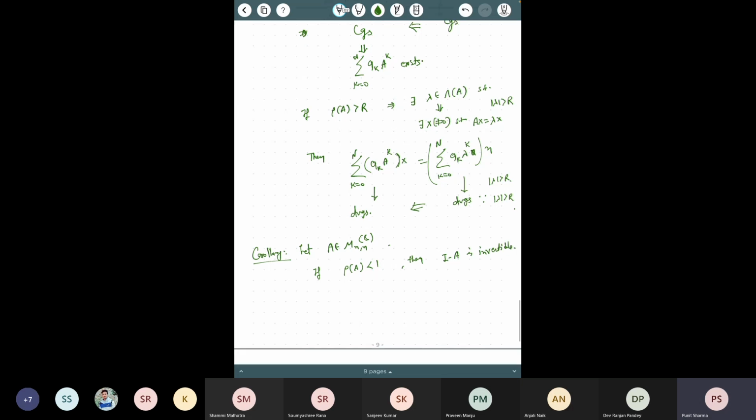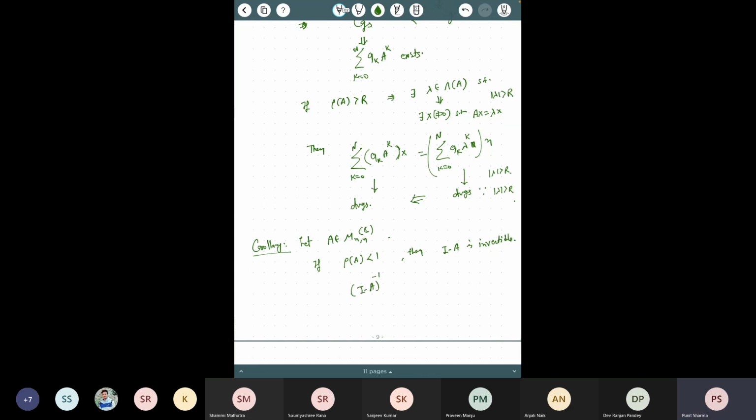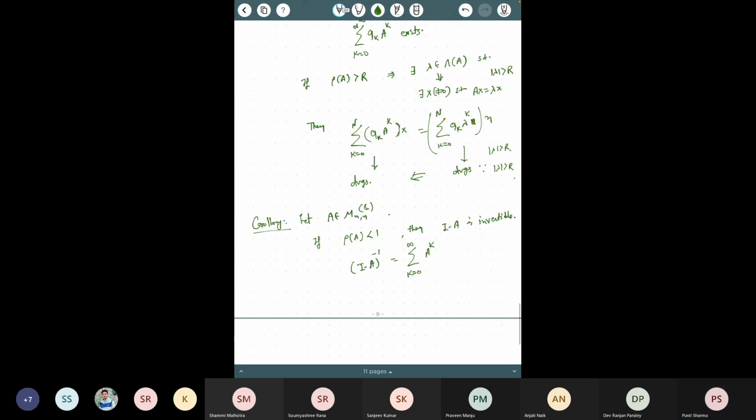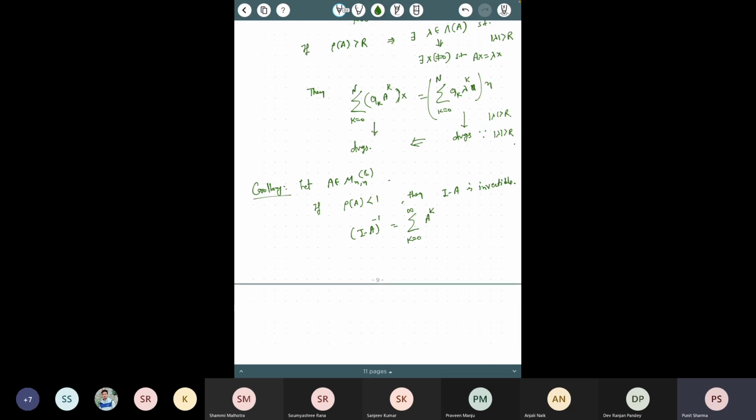But not only that, you can say that the inverse of I minus A is actually this series. Because of that exercise which I gave you at the beginning, you can see why I minus A is invertible. Once it is invertible, you can show that the inverse is actually equal to this.